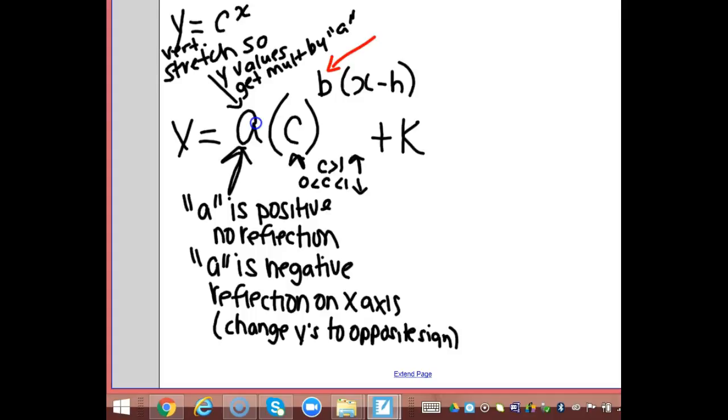And if your B value was a half, that means your x values are going to be twice as big. Okay, so this is called a horizontal stretch. And I'll put it as 1 over B, meaning it's going to be the opposite of whatever it is. So change your x's.